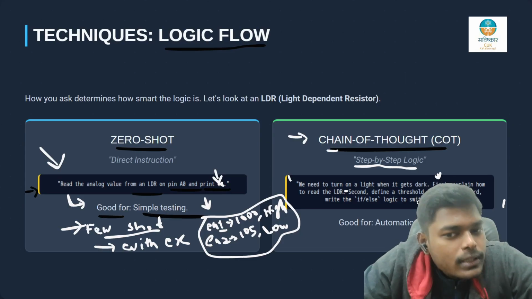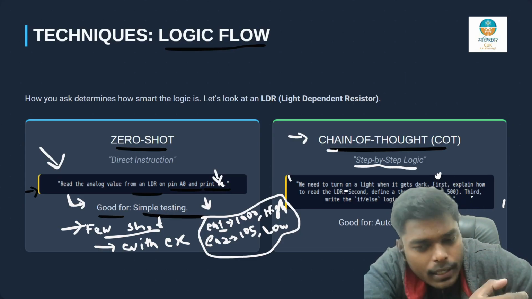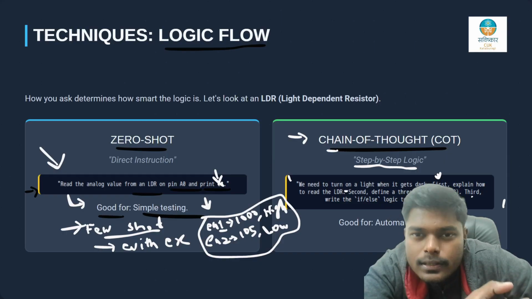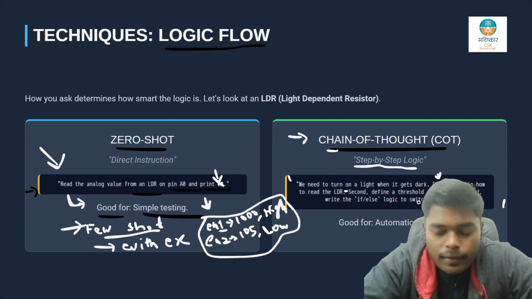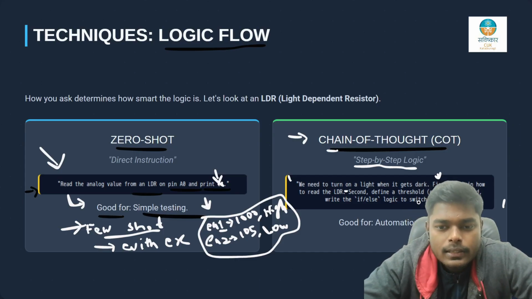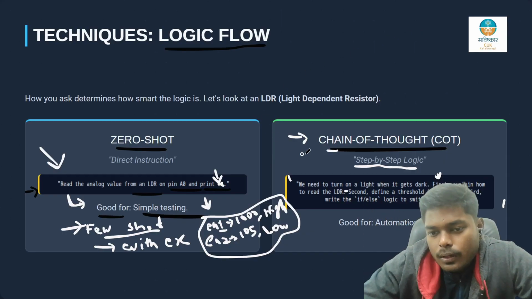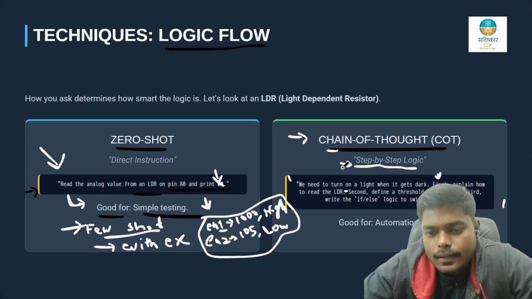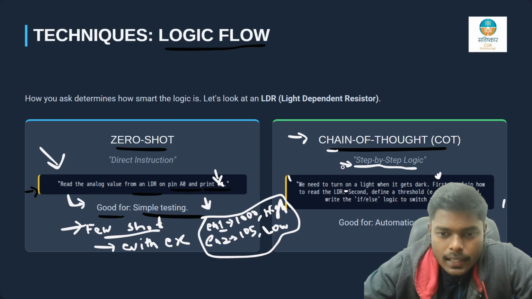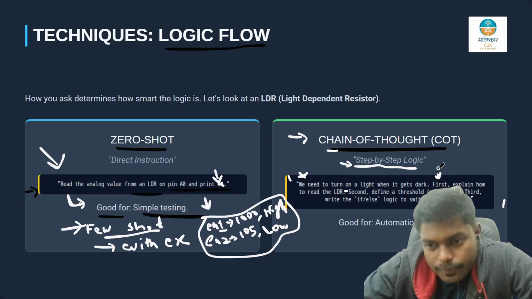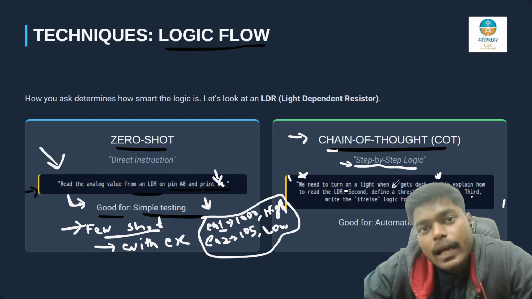Basically, my project is about checking whether right now it is dark or it has light. If it's darker outside, the LED should turn on, right? That's the thing which I want to build. Using chain of thoughts, I have prompted such that first it will understand the instruction: we need to turn on an LED, a light, when it gets darker. Then it will explain how to read the LDR.